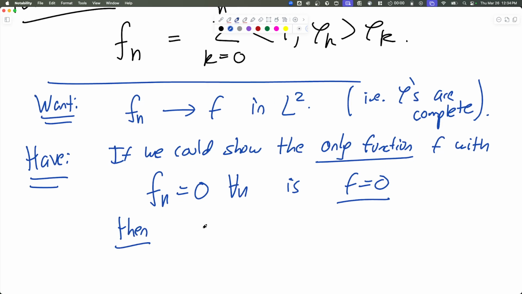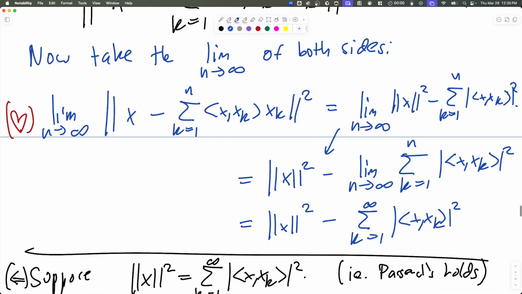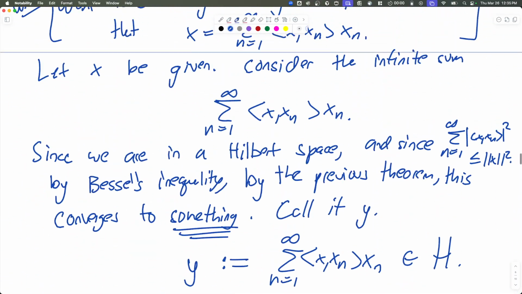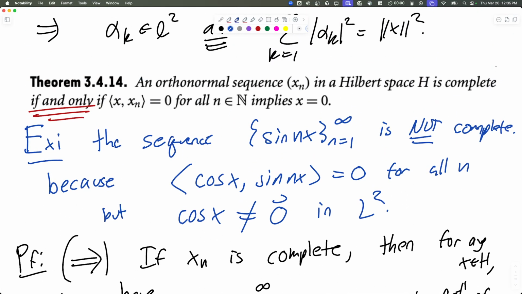Then we would have what we want. That was the theorem we did a minute ago. What number was that? Let's call it out by number. Bessel, yeah, this one. It was theorem 3.4.14. If the inner products are always 0, then you get the 0 function. That's 3.4.14.